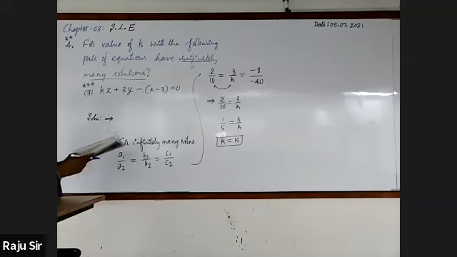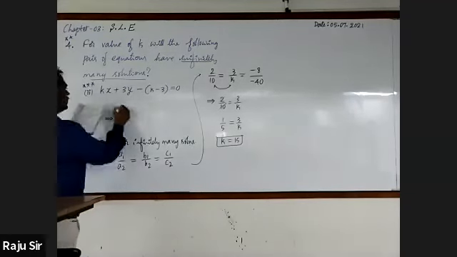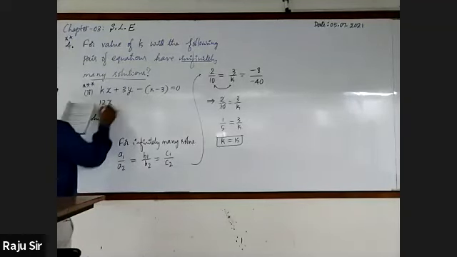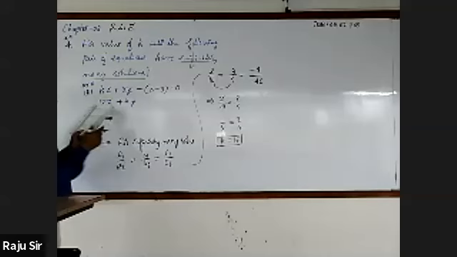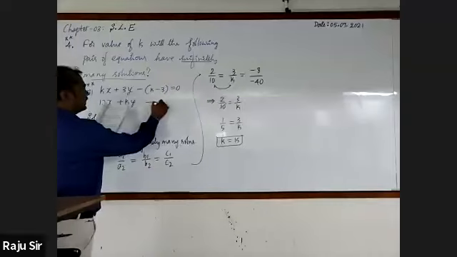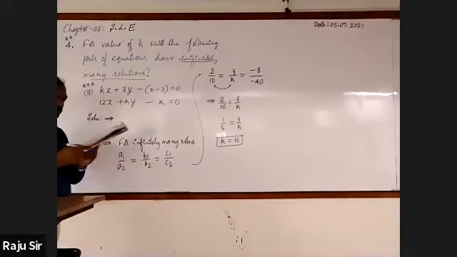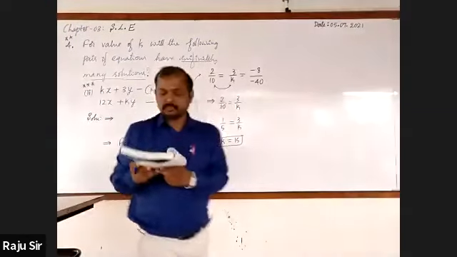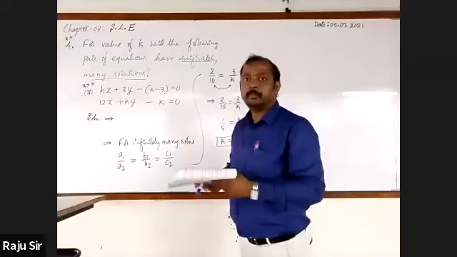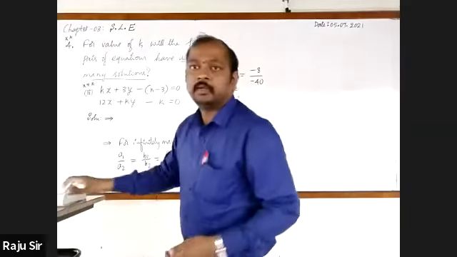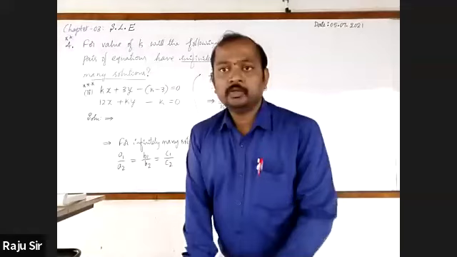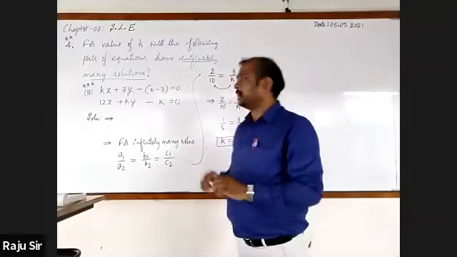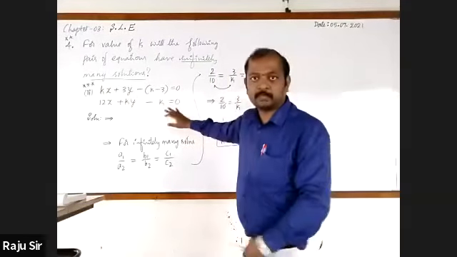This is the first equation. And the second equation is 12x plus ky minus k is equal to 0. See, k has been used many times. Repeatedly, I have been telling, this type can usually be expected in the examination.